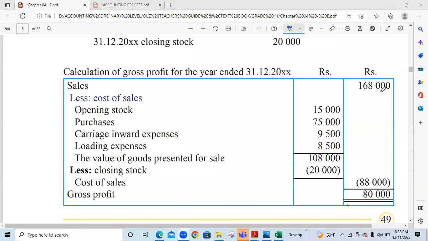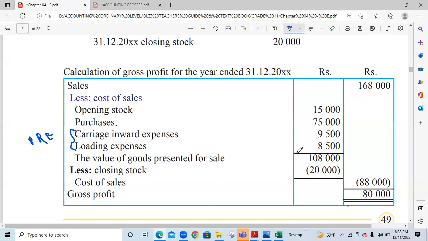You know the sales. Sales is cash sales plus credit sales, which gives you the total sales. So you take the total sales and deduct your cost of sales. How to calculate cost of sales? We studied opening stock plus purchases plus your purchase related expenses, like carriage inwards and loading expense.